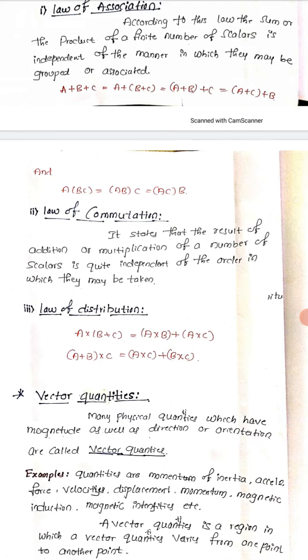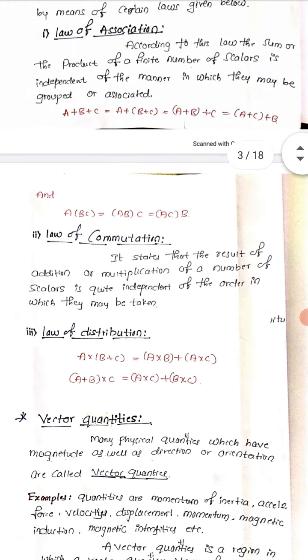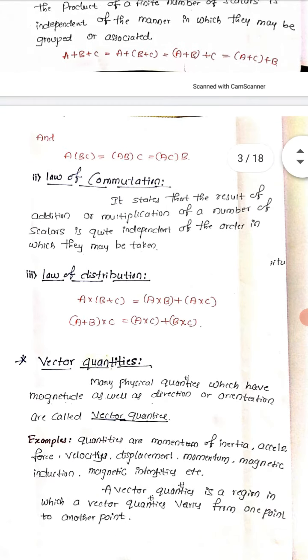Okay, now it's clear. Then the third law is the law of distribution, which applies to addition or multiplication. a(b + c) = ab + ac, and (a + b)c = ac + bc.